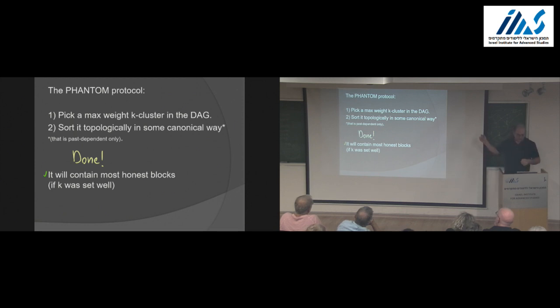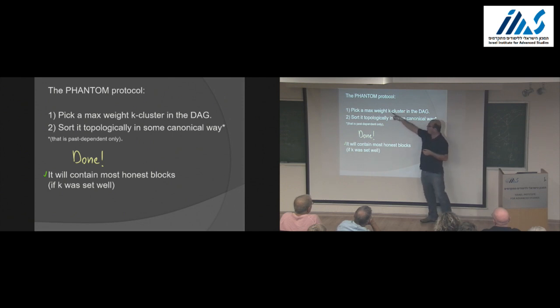One is that this is supposed to contain most of the honest blocks if K was set well. If you think about it, we have the largest set of a K cluster. If you think of the honest participants, they get their blocks to each other really quickly. They have more than 50% of the weight. That's our assumption for security of the protocol.